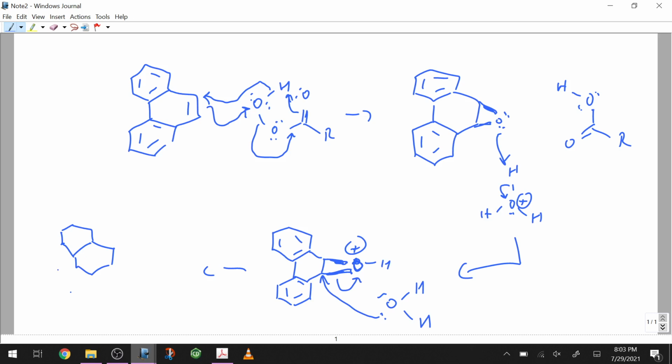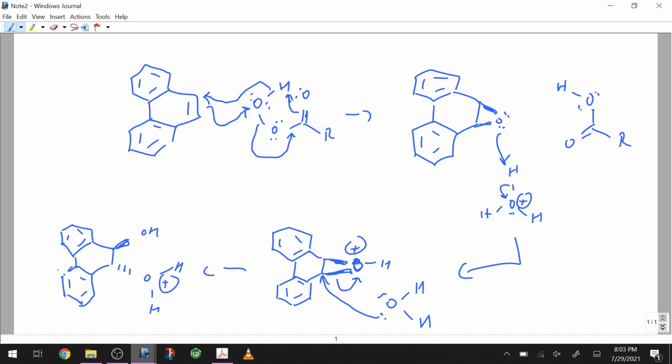Assuming I draw it right. So now I have an alcohol where the ring opened, the original oxygen that was there, and I now have a protonated alcohol on the opposite face.